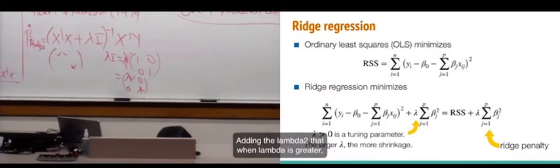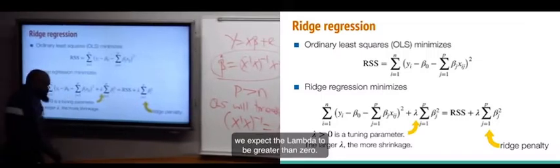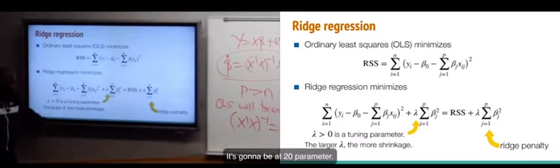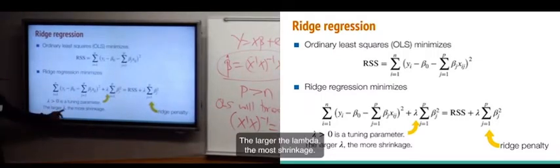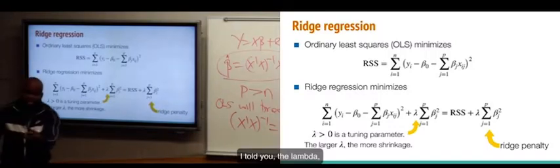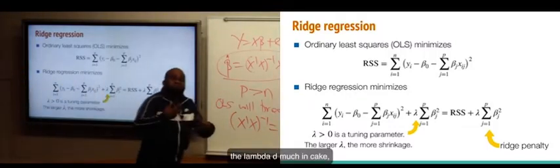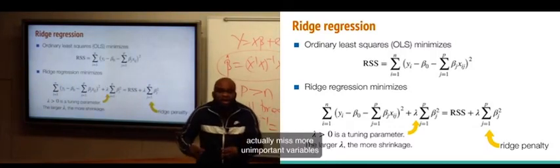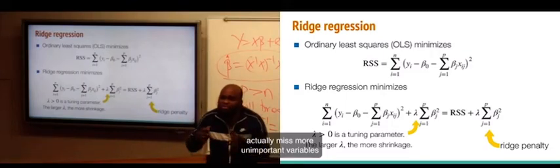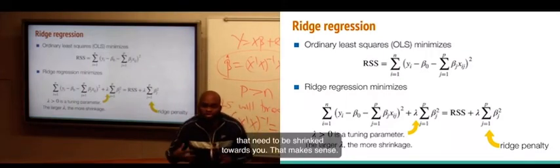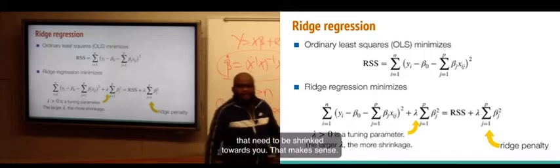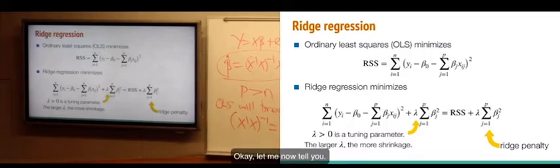We expect lambda to be greater than 0. It's going to be a tuning parameter. The larger the lambda, the more shrinkage. I told you, the larger the lambda, the more shrinkage, which actually means more unimportant variables are shrunk towards 0. Does that make sense? Okay.